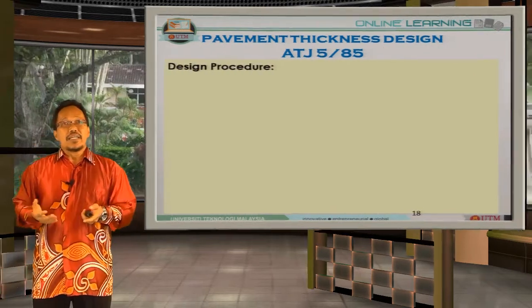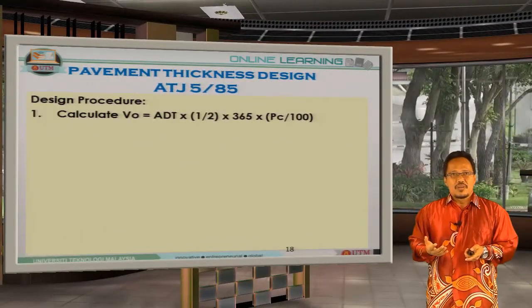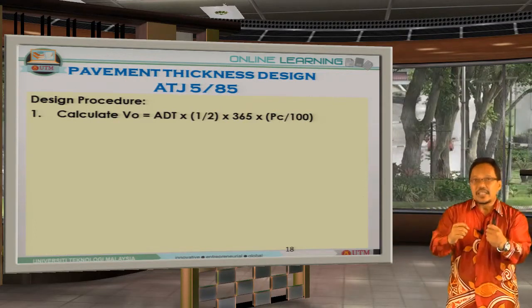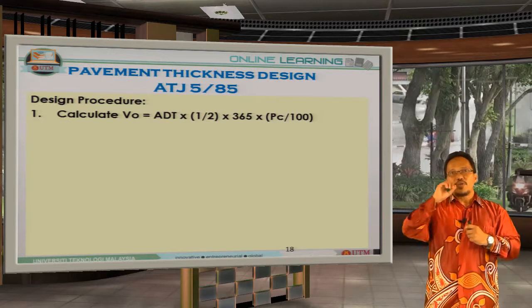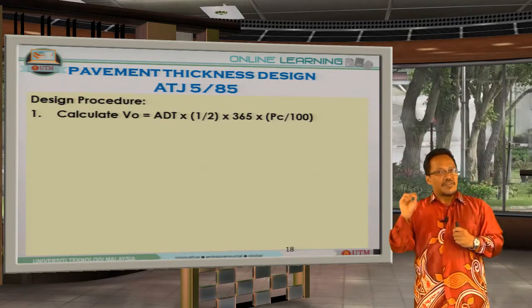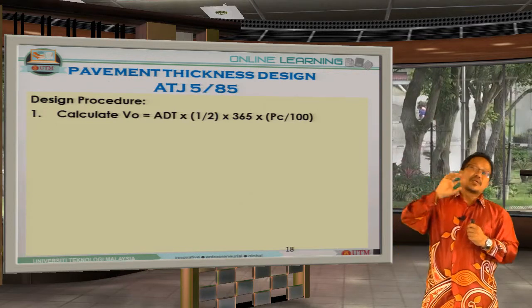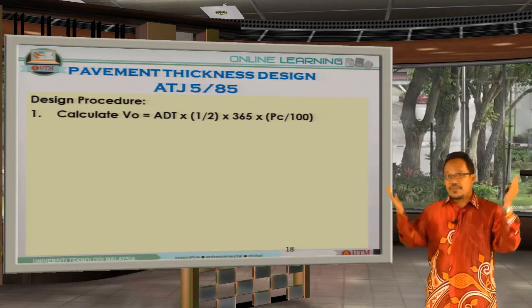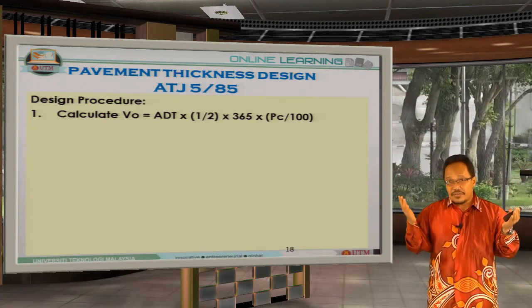Let's look at the design procedure. First, calculate V0. V0 is for the initial year when you're going to open this road to traffic, which is the average daily traffic multiplied by the directional split. If you don't have the directional split, assume 50-50, so you multiply by half.